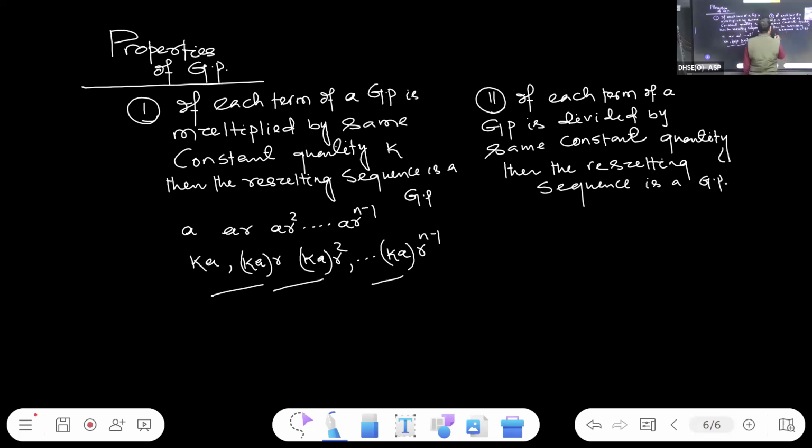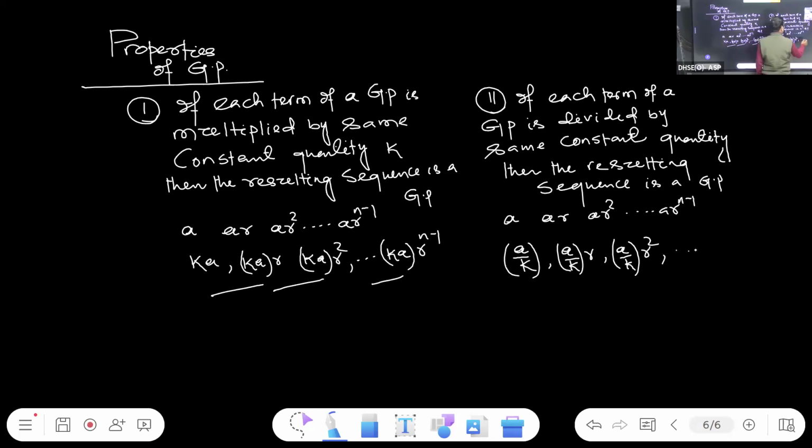Come for the explanation. Let us consider the GP a, ar, ar square, up to ar to the power n minus 1. Now divide each term of the GP by the same constant quantity. Let the constant quantity be K. Dividing each term by K, it will be A by K, A upon K times R, A upon K times R square, up to A upon K times R to the power n minus 1.